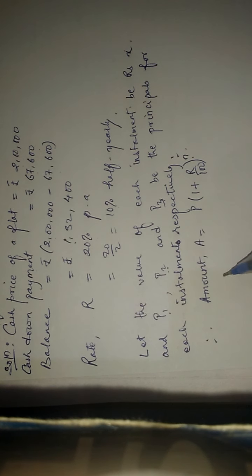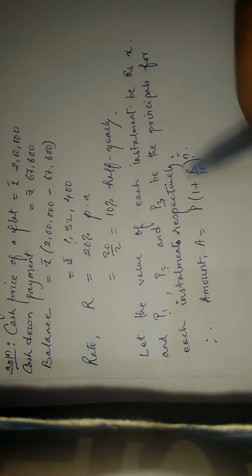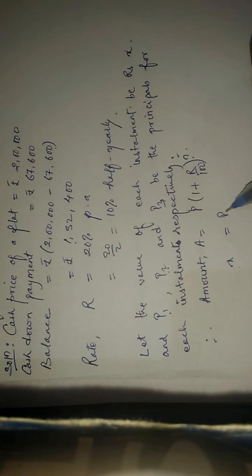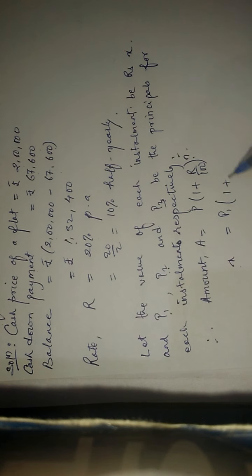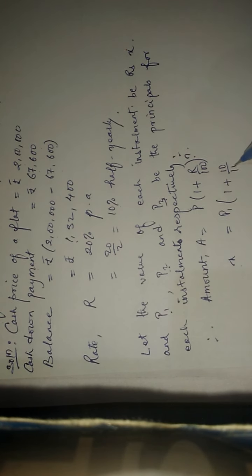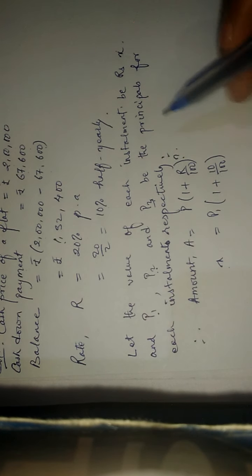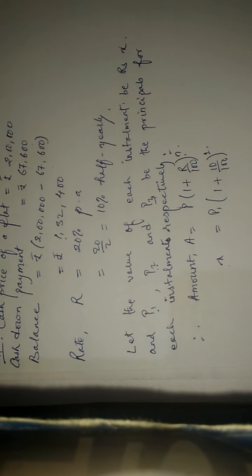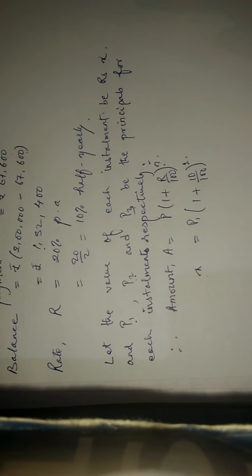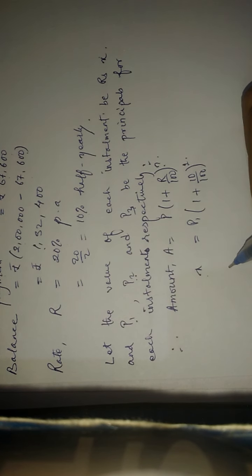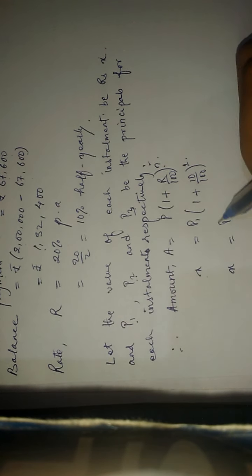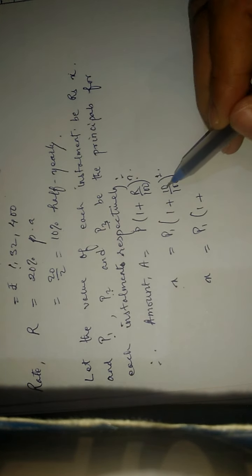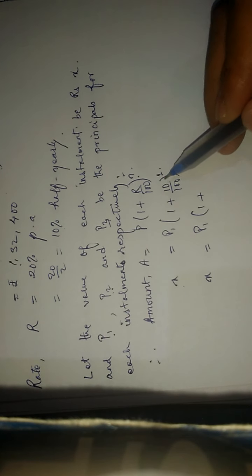Then we put x here: x equals P1 times 1 plus 10 by 100, and the power will be 1, because it is the first installment. Simplifying 10 by 100, x is equal to P1 times 1 plus 1 by 10.